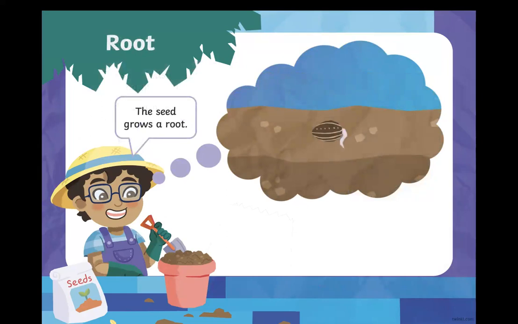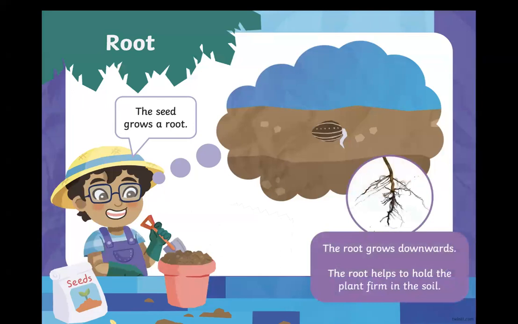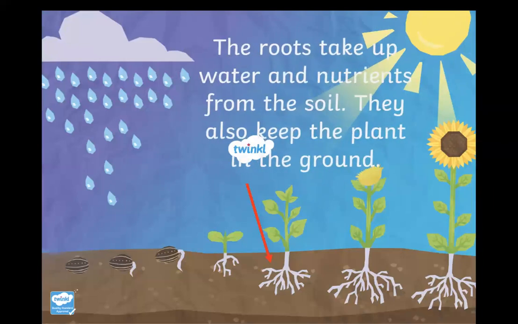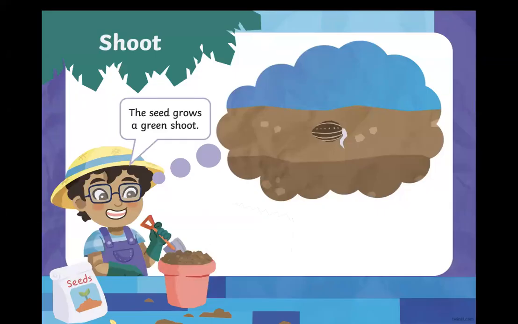There is a small root, and the root grows downwards. The root helps to hold the plant firm in the soil. The roots take up water and nutrients from the soil. They also keep the plant in the ground.